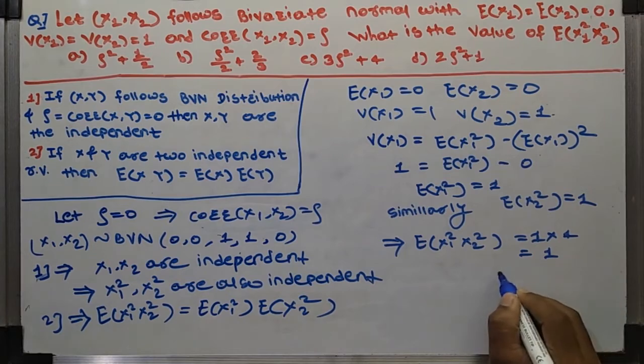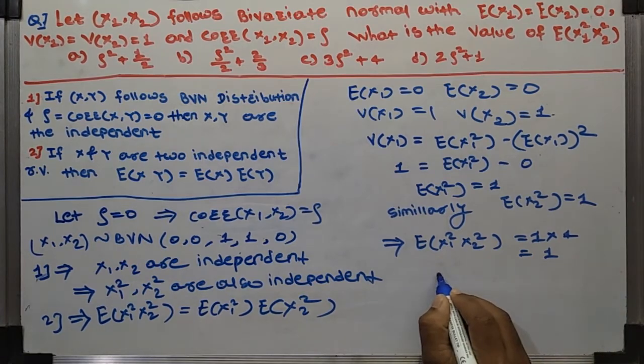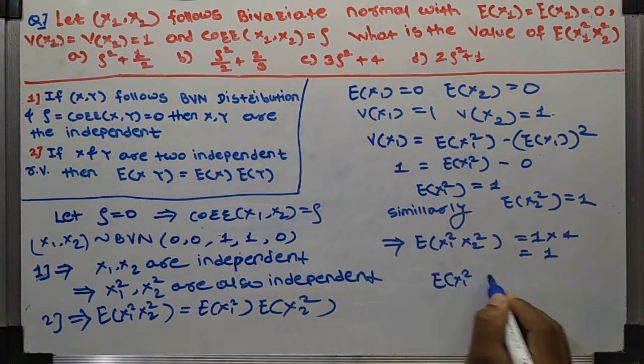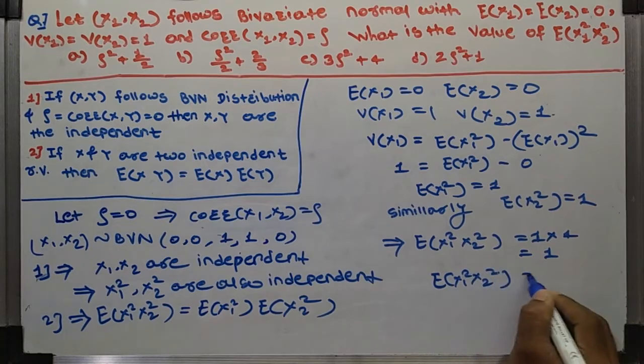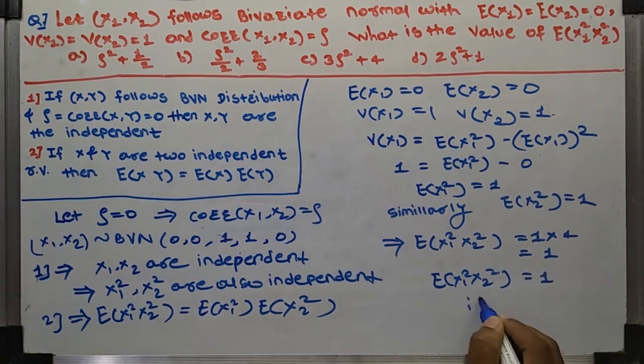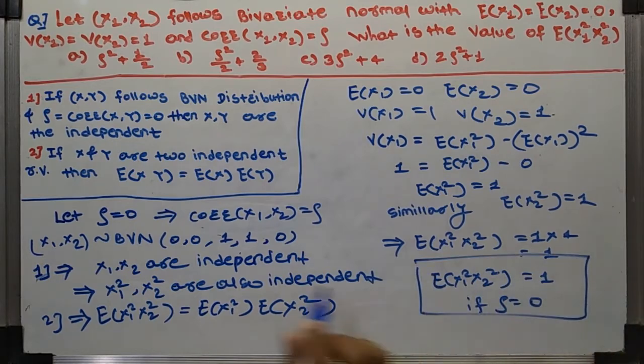So this is the expectation of X1 square into X2 square, which is 1. When rho is equal to 0, because in the start we assumed that rho is 0, then expectation of X1 square into X2 square is equal to 1.